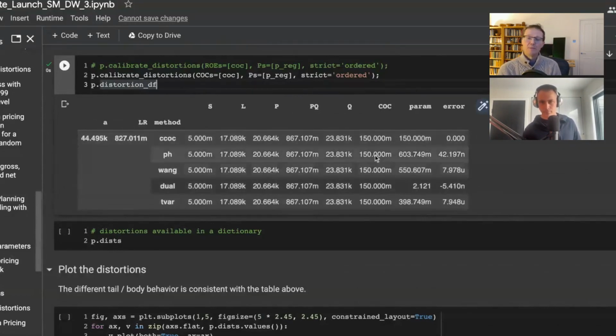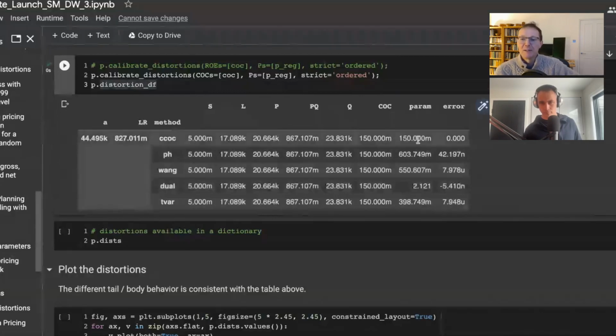The constant cost of capital just assumes all capital earns 15%, so the parameter is 15%. PH, remember, is the one that takes S to the power 0.603. The Wang one does the normal thing, sort of shifting across by half. The dual one is doing 1 minus S to the 2.121.